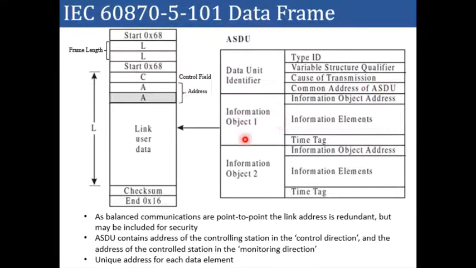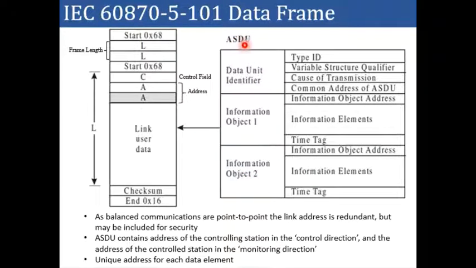Then we have the various objects, and the respective object information will contain the address of the object, the information element, and the time tag. It depends how many objects you are sending in one ASDU, and accordingly you can have multiple objects embedded in one ASDU.